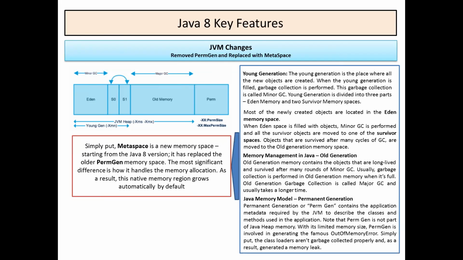Before that, I wanted to give you some background of the JVM and the architecture, so that you understand how it is structured and what the changes in Java 8 are. So any questions on this before we move on? Are you able to get a very high-level picture? Let me know if you have any questions, otherwise I'll just move to the next one.